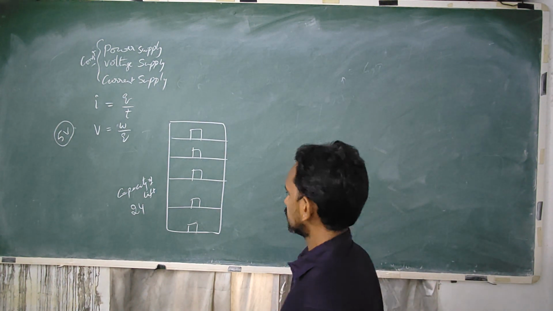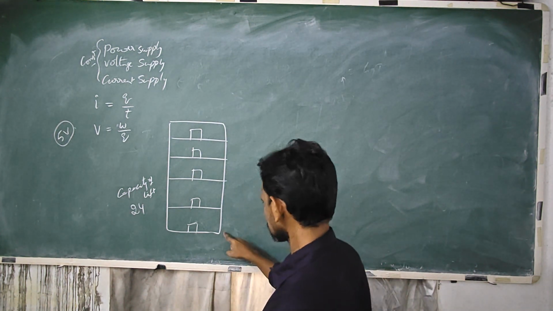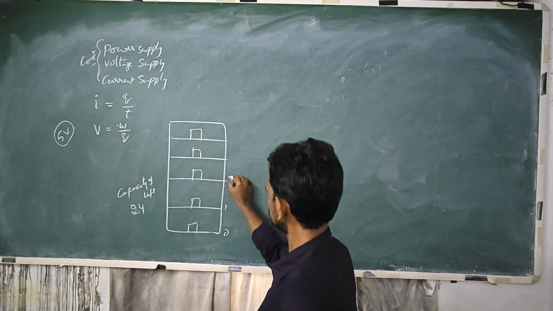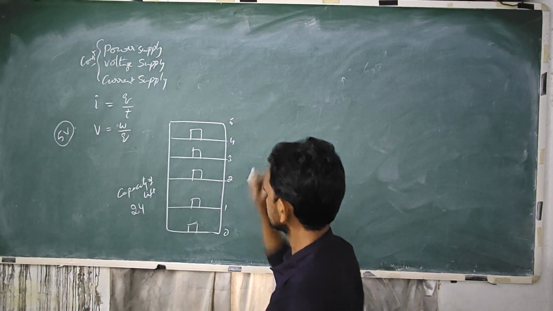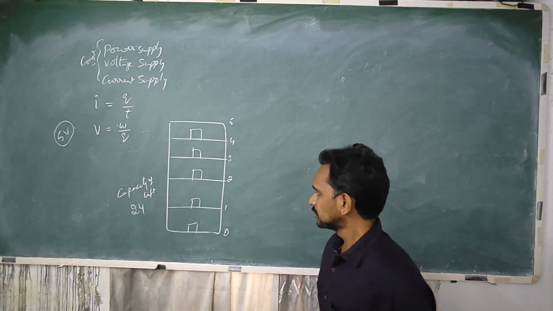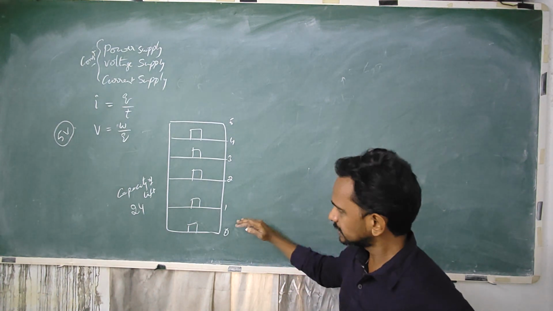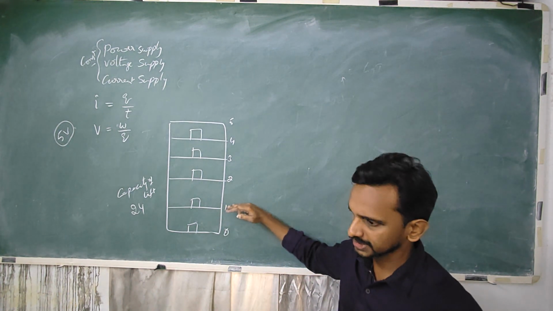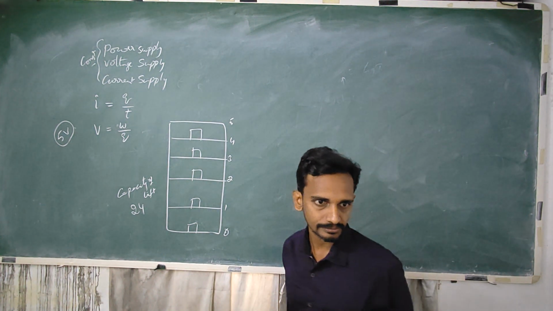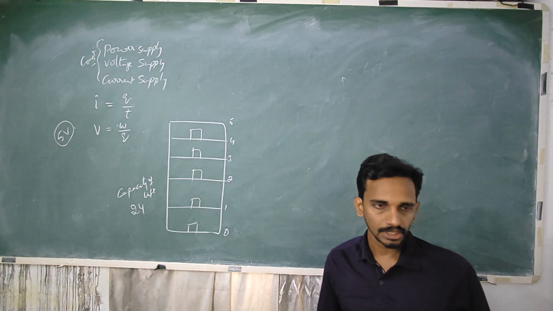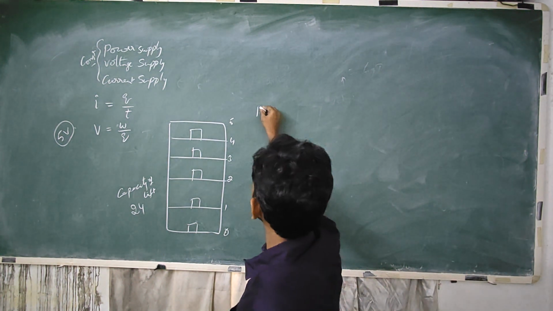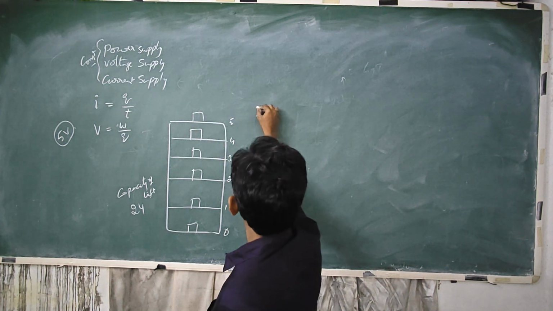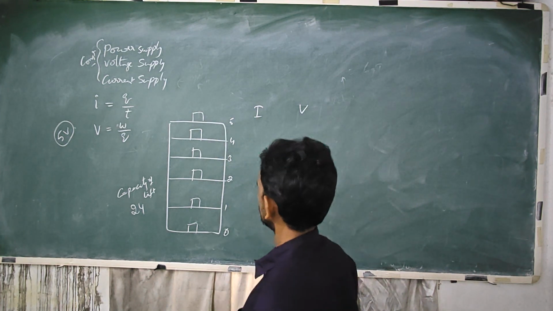Okay, so now this is 0, 1, 2, 3, 4, 5. From this level, I consider the number of persons the lift is carrying as electrons. So I'll see how current and voltage will vary.